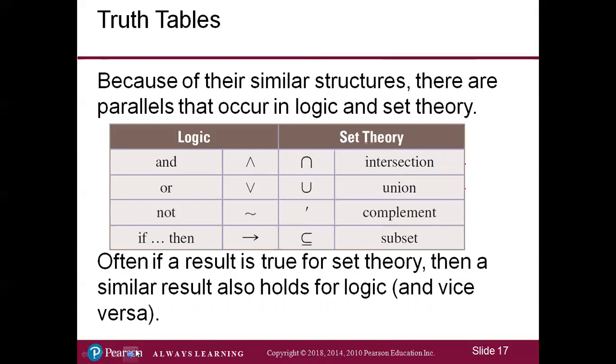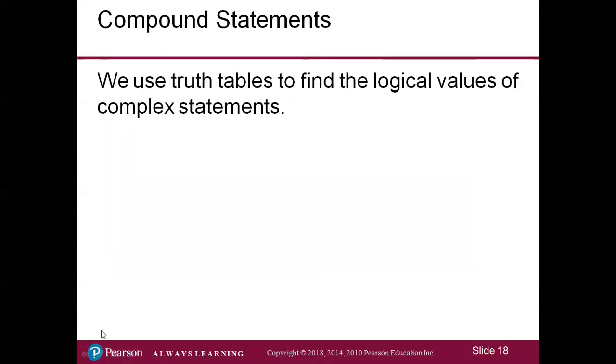The if-then statement, which is represented with the arrow, is in set theory the concept of a subset because one side depends on the other for its existence. Often, if a result is true for set theory, then a similar result also holds for logic and vice versa. We use truth tables to find logic values of complex statements.